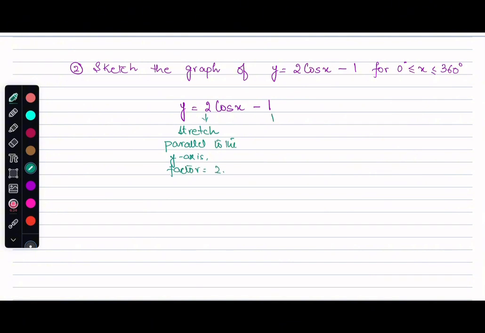And about the negative 1, it's a vertical translation downward because the sign here is negative, and this is how we give the vertical translation as (0, negative 1). To sketch the graph very quickly, this negative 1 is also the mid-axis of the graph, and this 2 is also the amplitude of the graph.